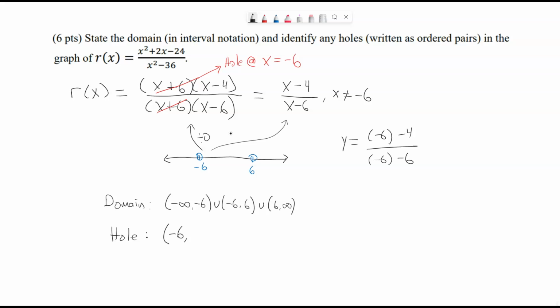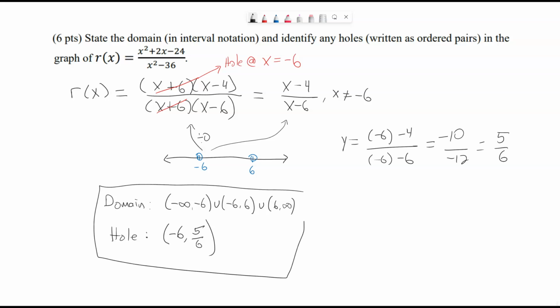So the x value of the hole we found right at the very beginning. You plug that into the reduced function to find the y value. We get negative 10 over negative 12, which reduces to 5/6. That's the y value of the hole on this rational function graph.